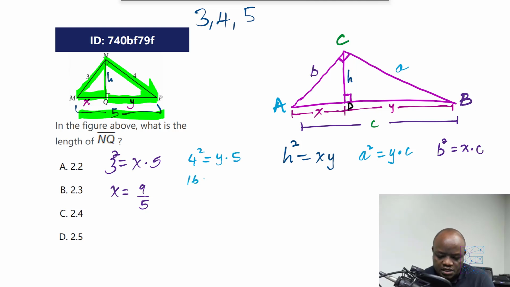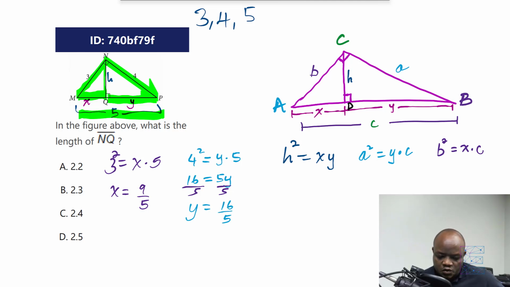This time I'll show the work a little bit, just in case someone got lost on how we got x equals 9 over 5. I just isolated y here, so I'm going to divide both sides by 5. So we then know that y is equal to 16 over 5.